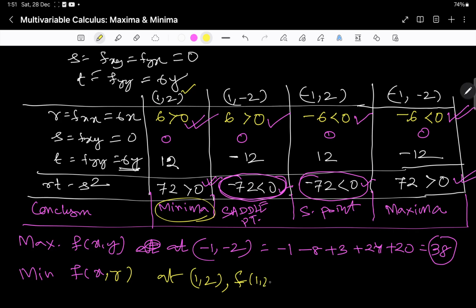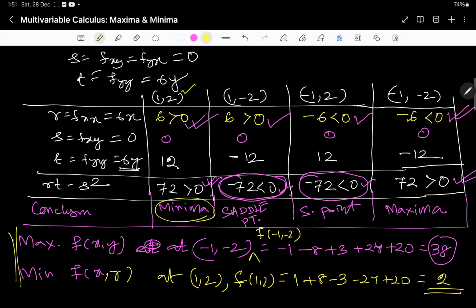Now f of (1, 2) will be, you substitute here, it is 1 plus 8 minus 3 minus 24 plus 20. This will be your 2. So this is the minimum value and these are the extreme values. Whether it is a maximum value or minimum value, these are all extreme values. And this is a saddle point and this is a saddle point. Accordingly you should write.